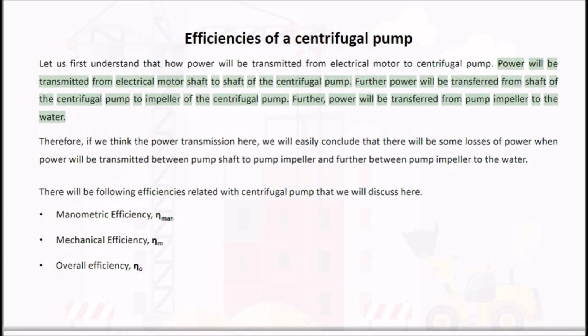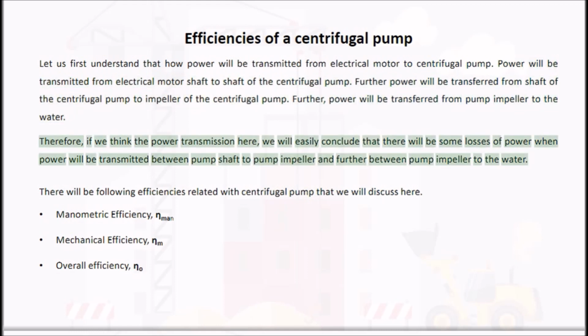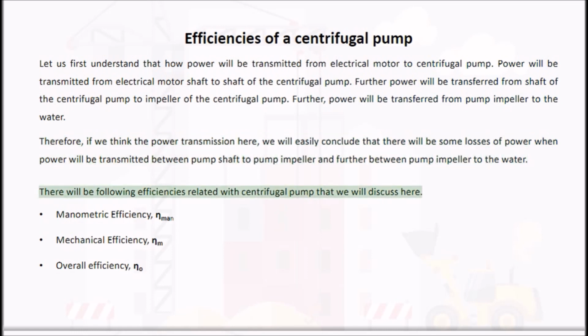Further, power will be transferred from the pump impeller to the water. Therefore, if we think about the power transmission here, we will easily conclude that there will be some losses of power when power is transmitted from pump shaft to pump impeller and further from pump impeller to the water. There will be following efficiencies related with centrifugal pump that we will discuss here.